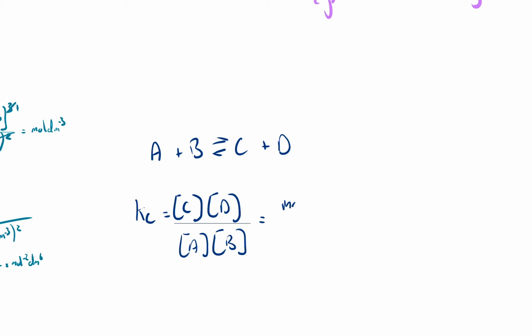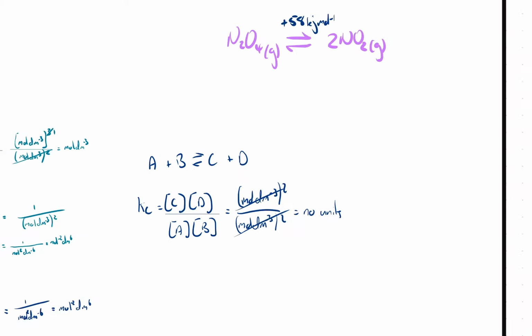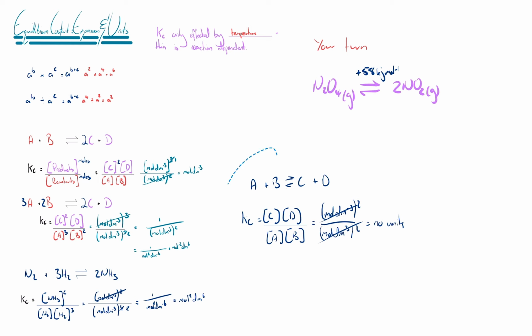This time, when we do our units, 2 on top, 2 on the bottom, all of these cancel, so that would be no units. So if you got this kind of question in an exam, you would have to state that there were no units in the final bit.